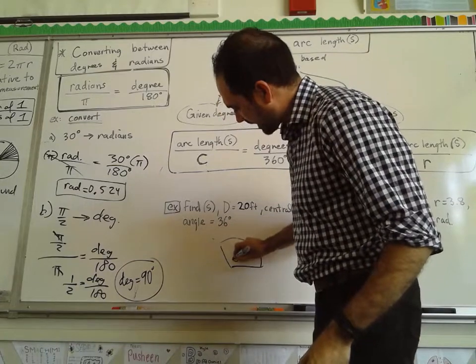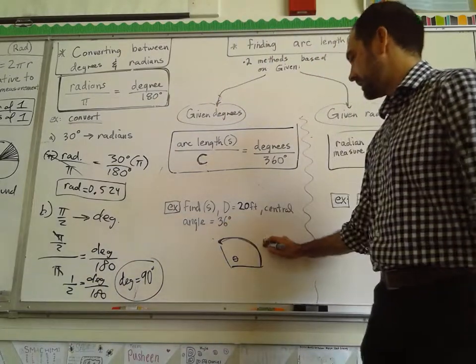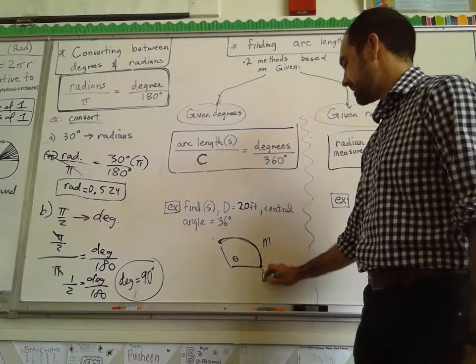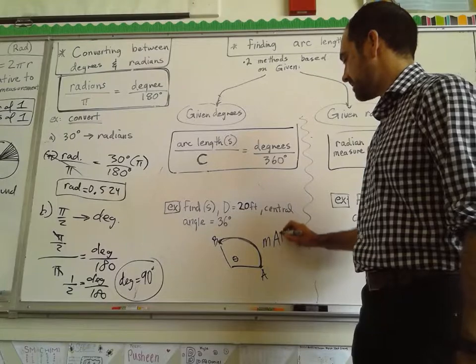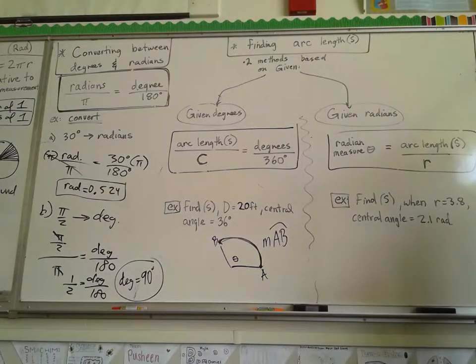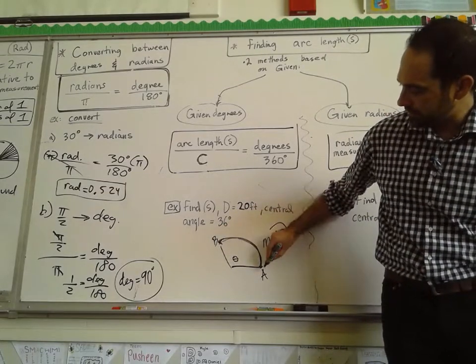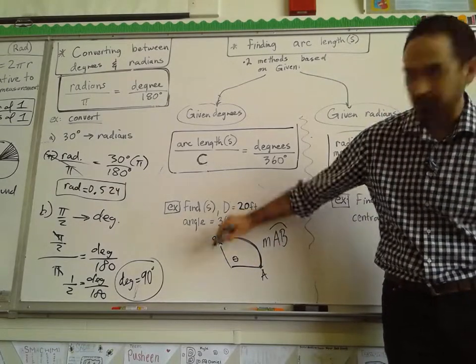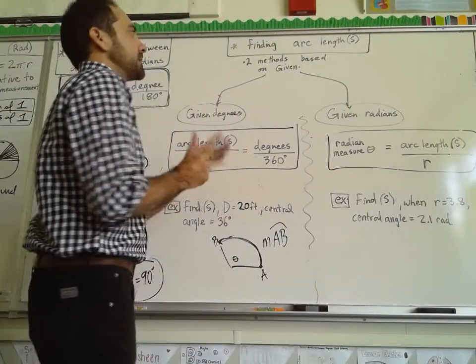We have some kind of theta, and we're going to have this arc measurement right here. Let's say this is AB, so I would do the measure of AB, just like so. Based on how far the angle opens and the radius, those two pieces of information will help me find this arc length. Okay. So there's two methods based on what you're given.